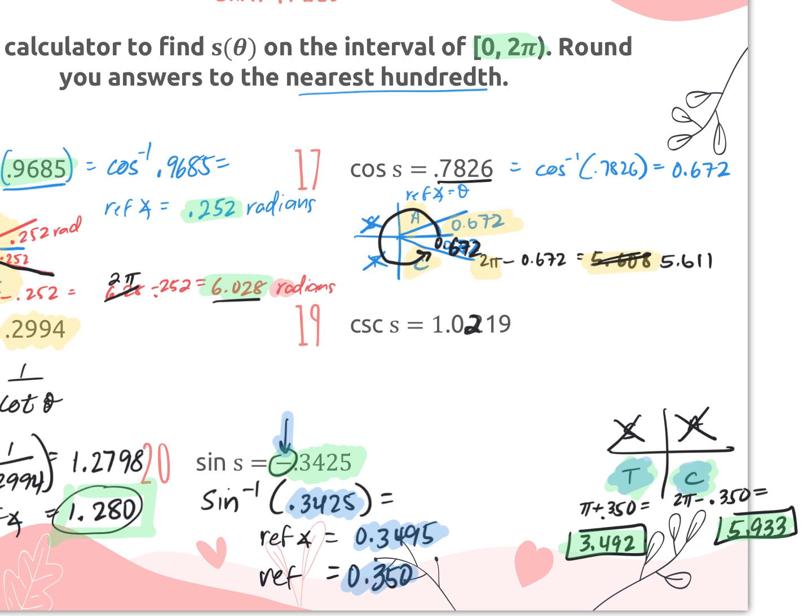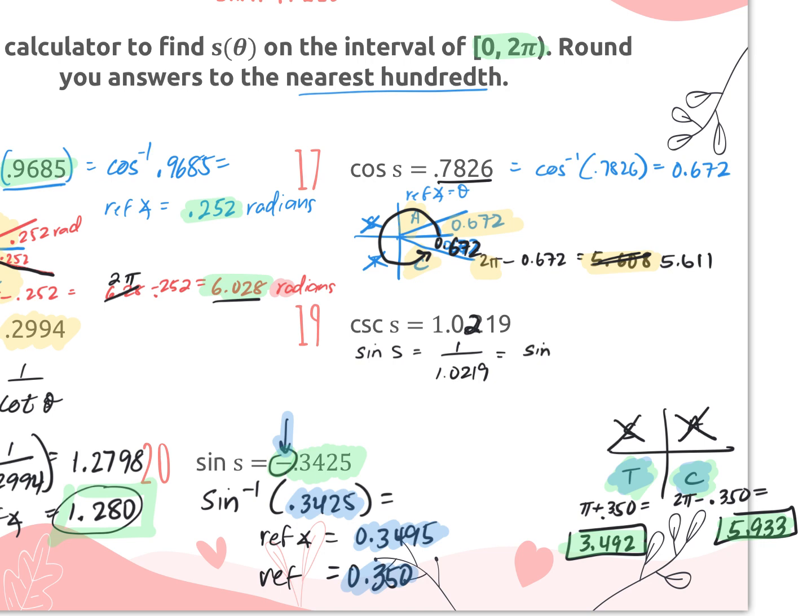So I know the cosecant of some angle equals this. Well, I know that the sine of that same angle is going to be 1 over the cosecant of that angle. So the sine equals 1 over the cosecant. And so I know I'm going to set it up like this.